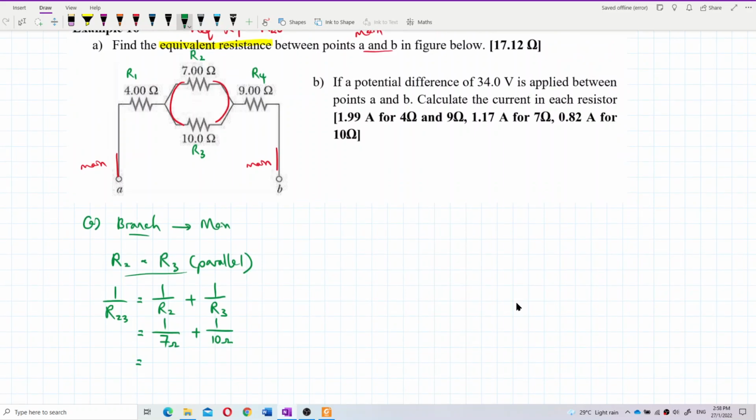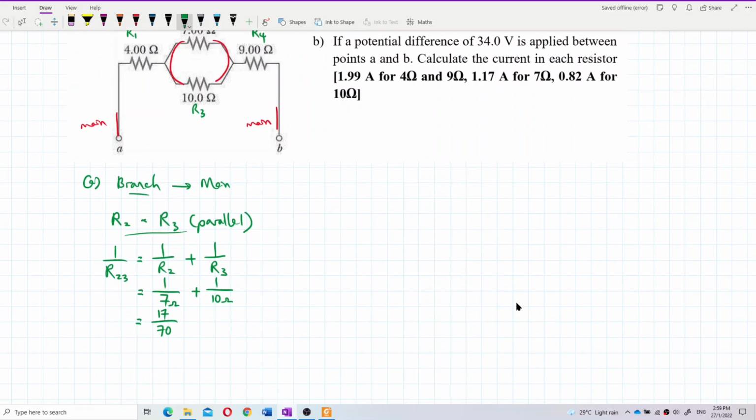Now punch the calculator. Let me calculate: 1 over 7 plus 1 over 10. I get 17 over 70. Is this R23? No, this is not R23 yet. This is just 1 over R23.